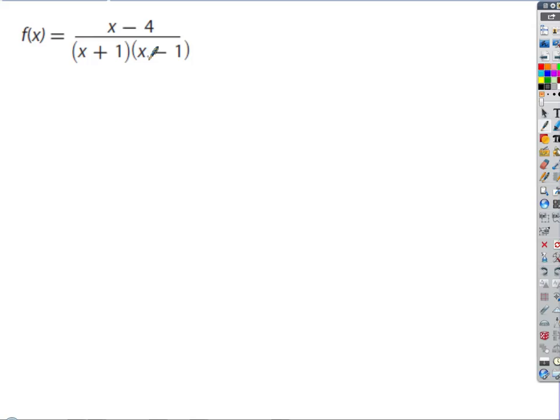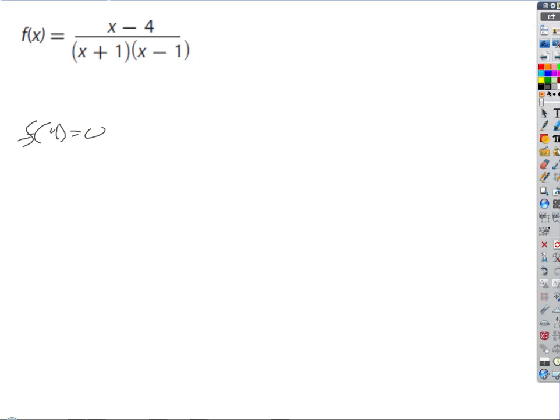It's undefined, okay? But in this case, when x equals 4, we end up with 0 divided by some number, and that gives us plain old 0, right? So if we were to make a t-table, f of 4 equals 0, right?